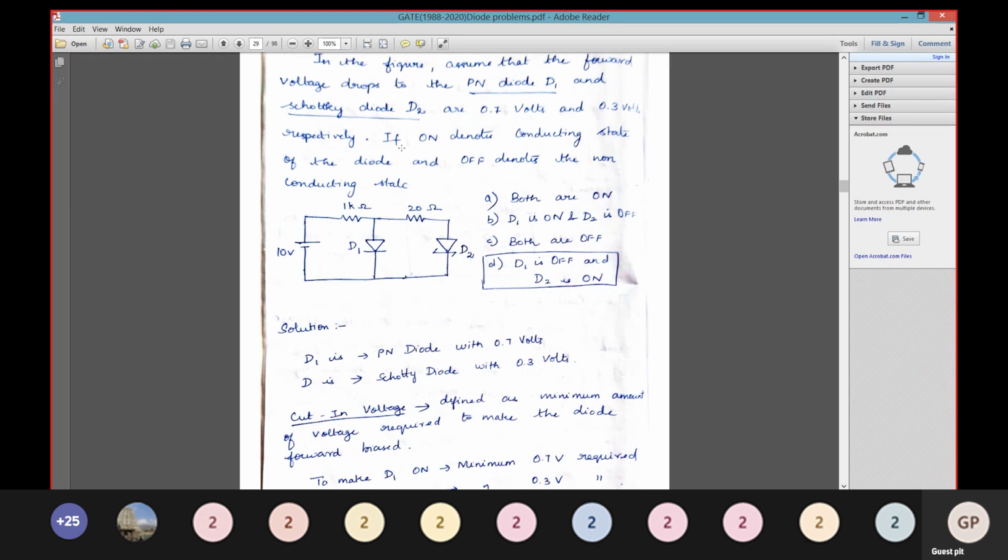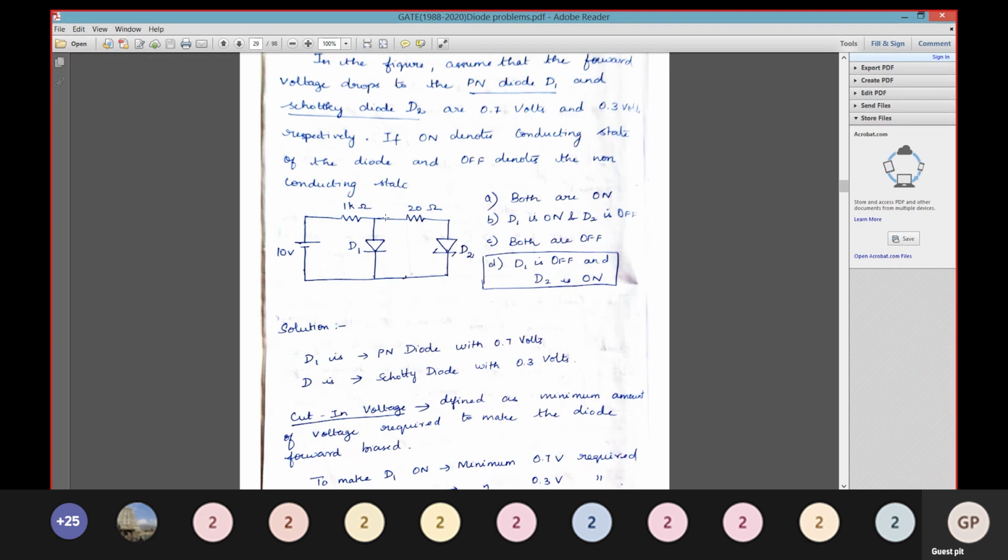Now, if on denotes the conducting state of the diode and off denotes the non-conducting state, what is the option? Both are on, D1 is on and D2 is off, both are off, or D1 is off and D2 is on.